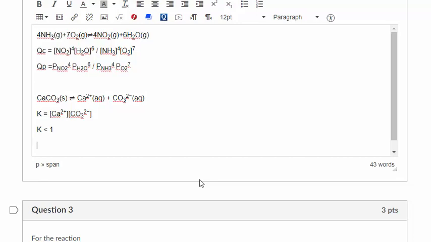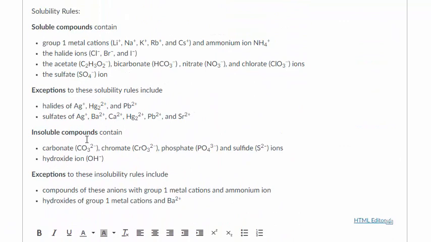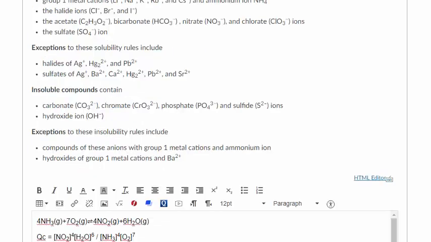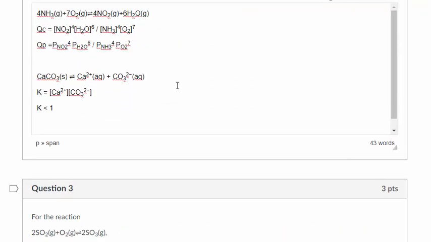And we know that because the solubility rules are given to us right here, just in case you need them. So compounds containing carbonate, calcium carbonate is considered insoluble. There is a small amount of the ions in solution though, and that's given by this expression.